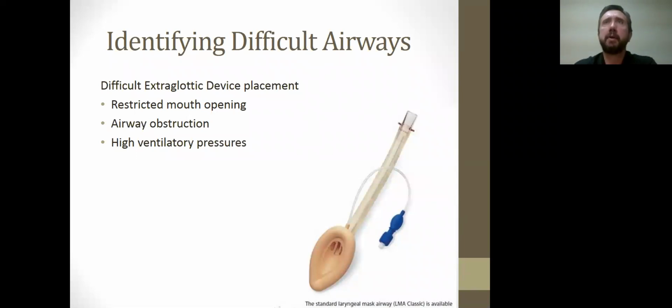As with mask ventilation, identifying likely failures with a supraglottic or extraglottic device will also drive the airway management plan and possibly limit your decision thinking on administering neuromuscular blockades. So these should be considered when evaluating extraglottic device success.